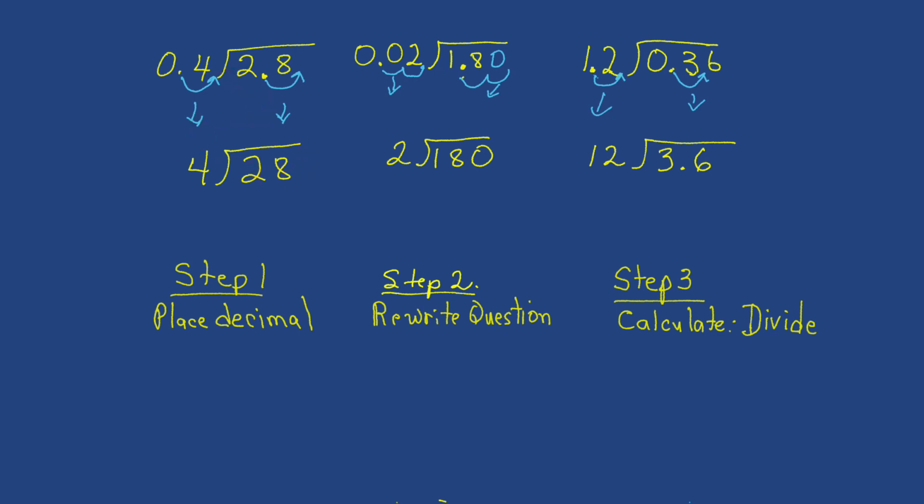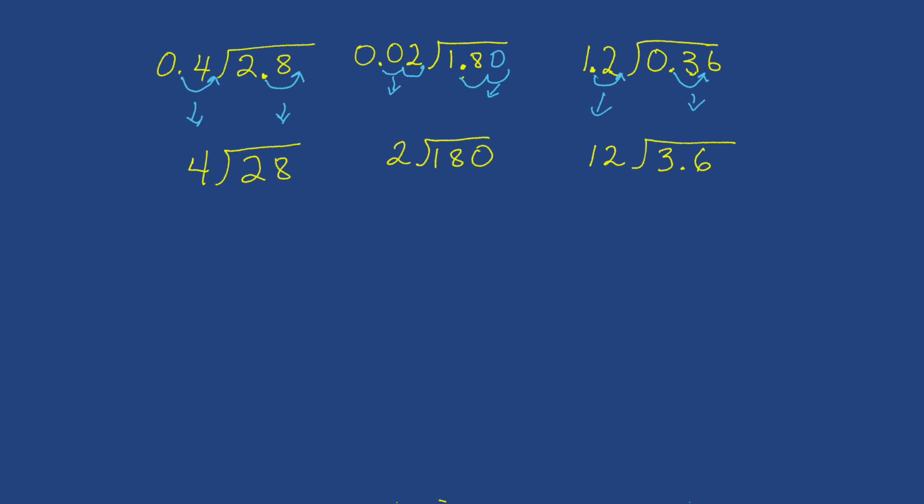So we've done step 1. And we have also rewritten the question, so we have done step 2. And that is the case with all 3. We are now ready to do step 3, which is to do the actual calculation to do the division.